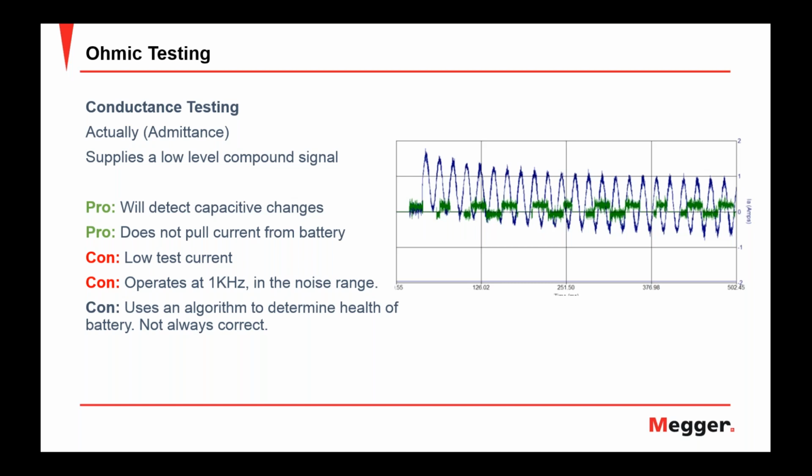The other thing is their test frequency will typically operate in the 1 kilohertz range. This is in the noise range. So when used on something like a UPS system, you may find you have to take the UPS system offline in order to do the testing because the noise will just swamp it. We've also gotten some reports from the field that on some types of batteries, the algorithm's not always correct. As I said, this is really designed for VRLA batteries.